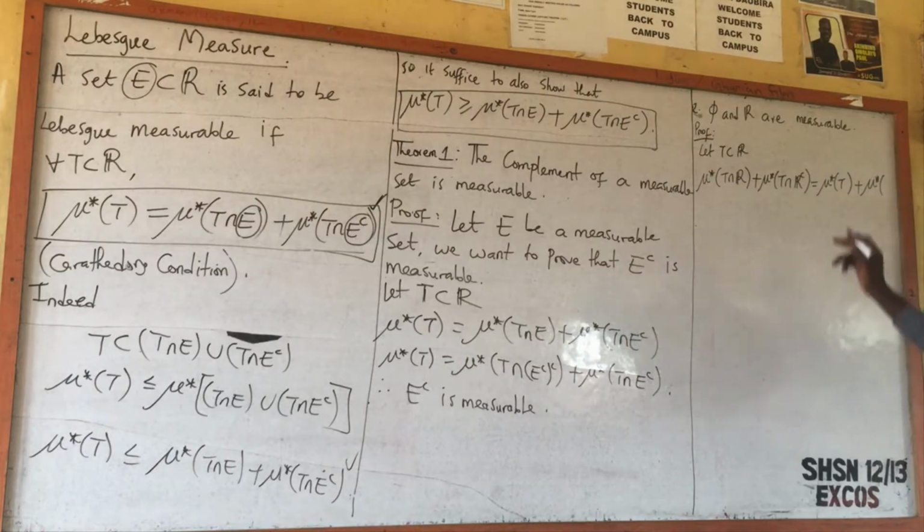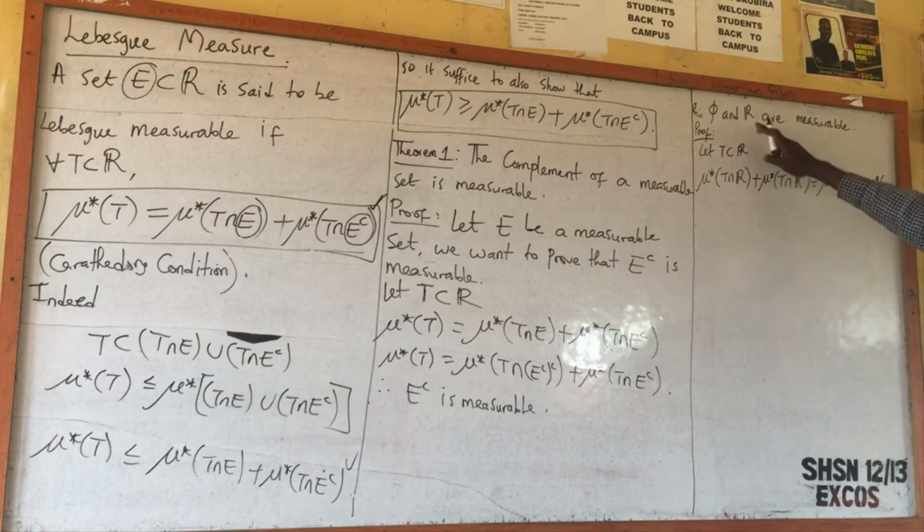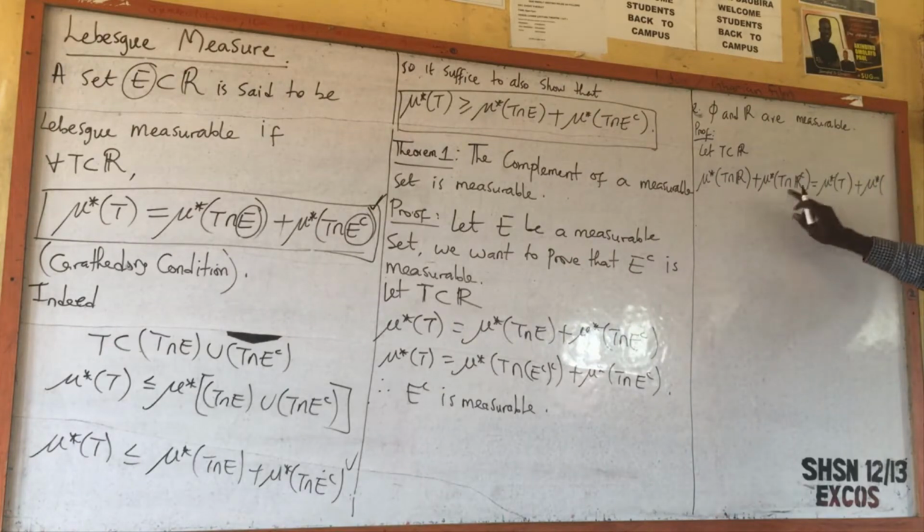R complement will be the empty set, since it's the whole space, R complement will be empty. So T intersection the empty set is empty.